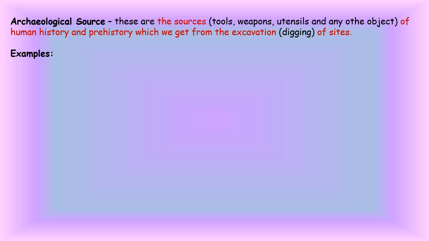But when we talk about prehistory, we talk about the time when handwriting was not introduced. That means we will not be getting any recorded events. For example, stages of human evolution.